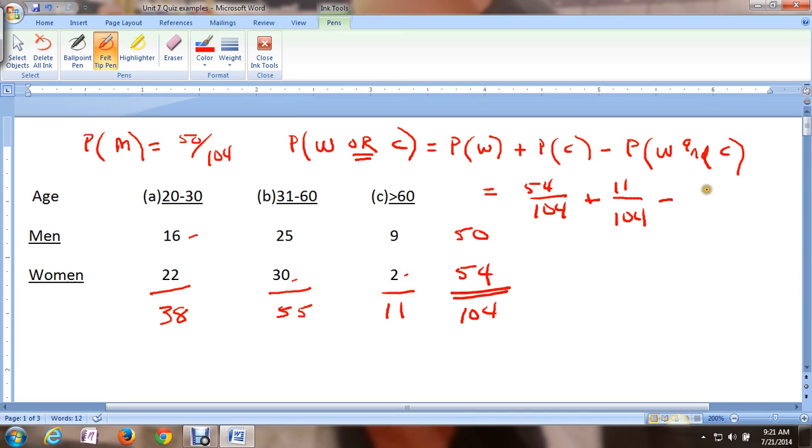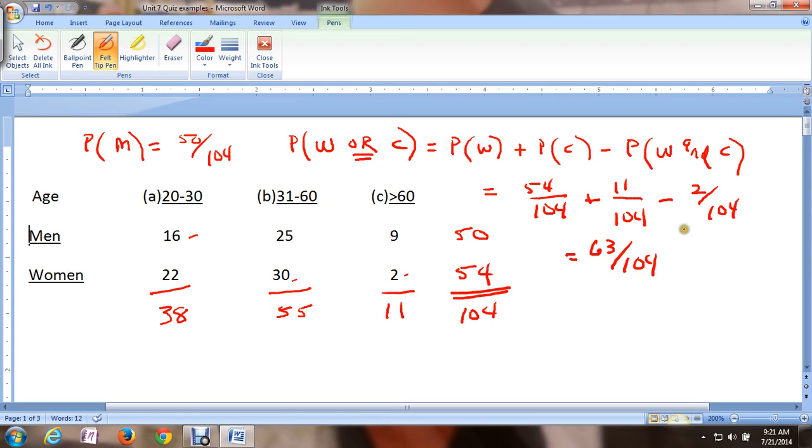So that's 2 over 104. And since our denominators are all the same, we can add and subtract the numerators. We have 65 minus 2, so the probability is 63 over 104. That we picked out someone who is either a woman or older than 60.